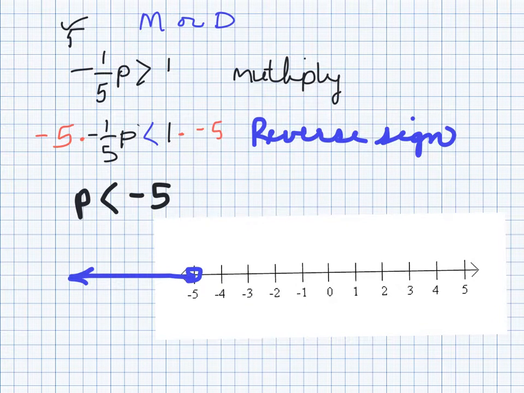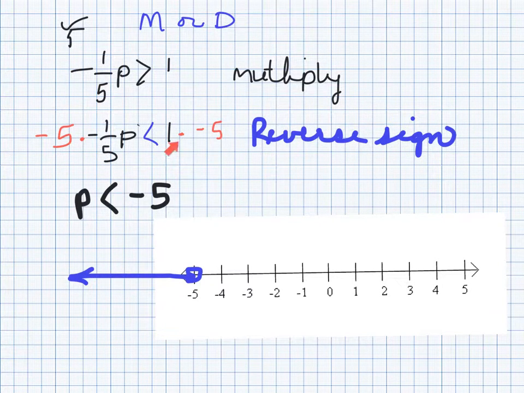We have another inequality here. This is checkpoint 5. Our original inequality, I keep saying equation today, is negative 1 over 5p, which is greater than 1. We end up with negative 5 times negative 1 over 5, because we're multiplying to get rid of a denominator.